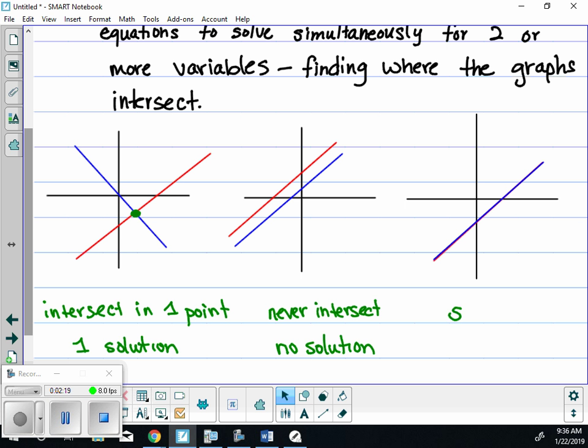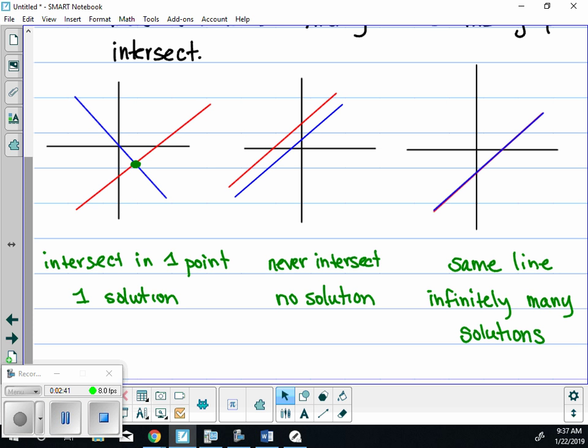So we could end up with two equations that form the same line, which gives us infinitely many solutions, because every point on those lines would be a potential solution. So when we look at solving a system of equations in two variables, we could potentially end up with one solution, one value for x, one value for y. We could end up with no solution because the lines are parallel, or we could end up with lots of potential solutions.